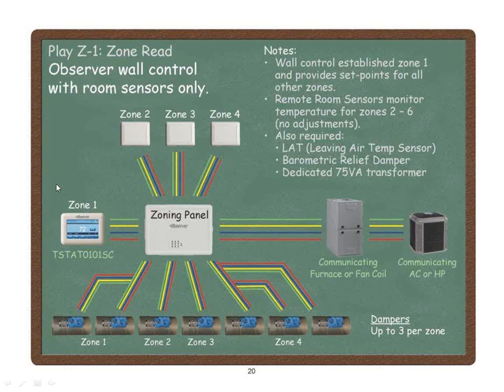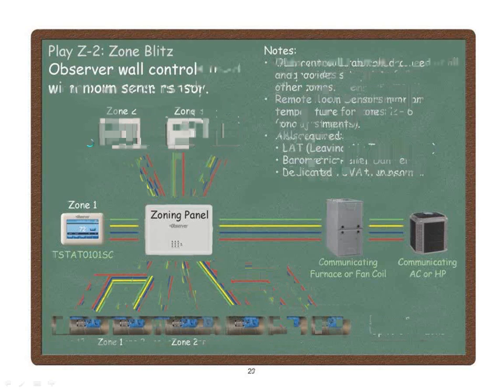The other thing you could do is, oops, I didn't change screens. I could say, you know what, I want to be able to change my actual temperatures in my rooms, right? So in that first example, if I want to change the temperature set point for zones 2, 3, or 4, I have to walk back over to zone number 1 and change any of my 4 thermostat settings from that keypad.